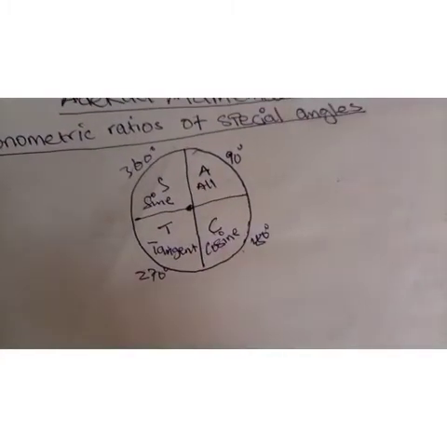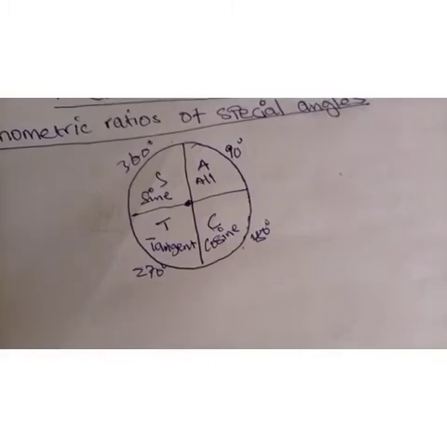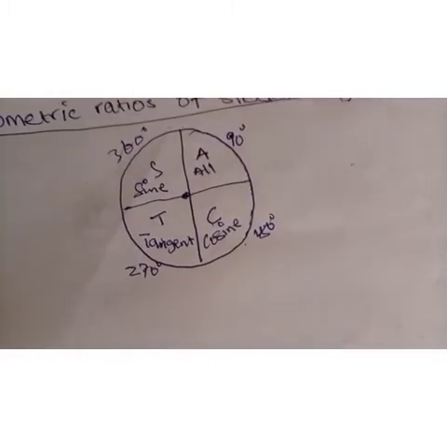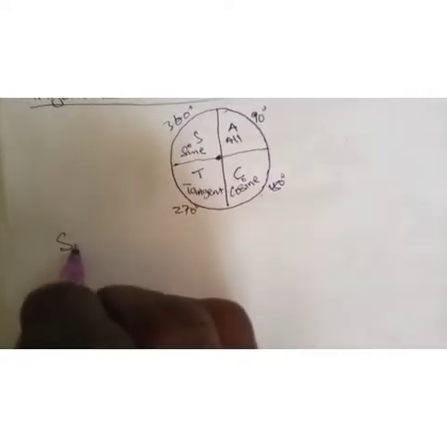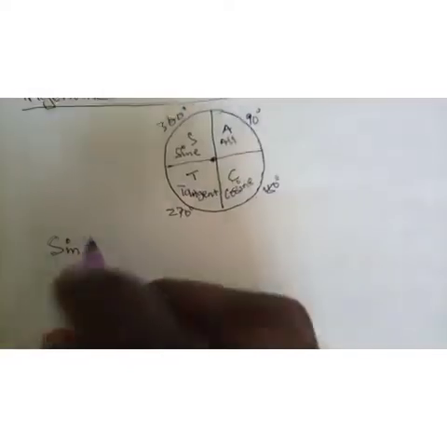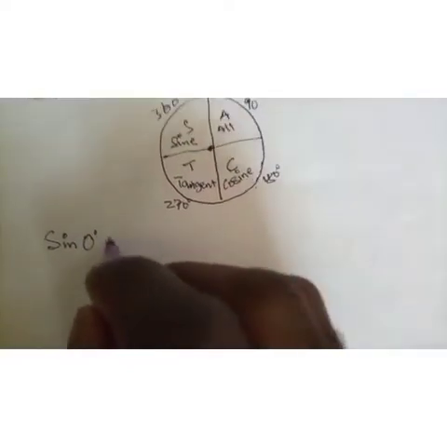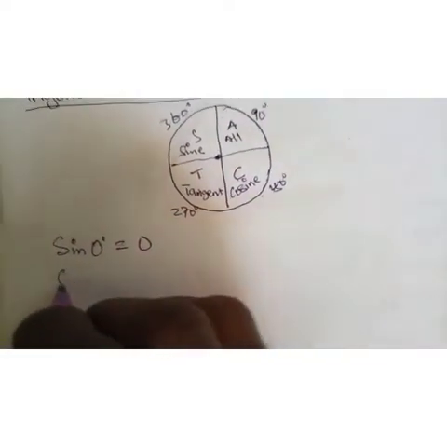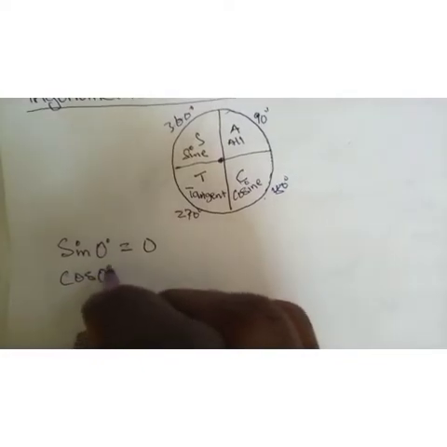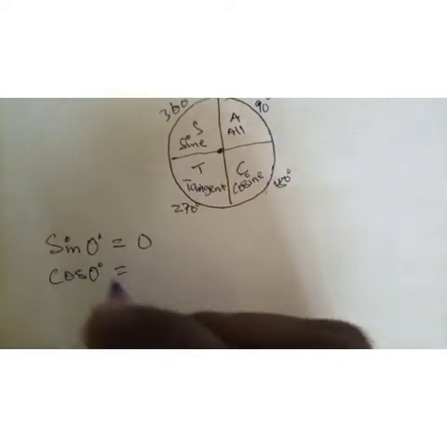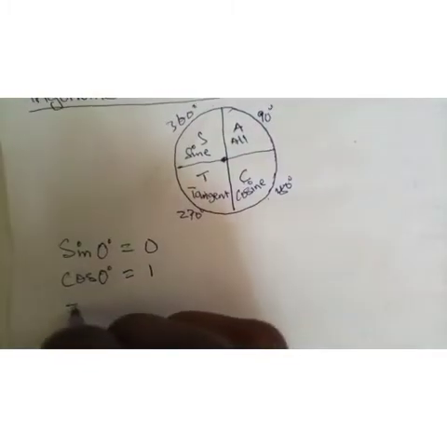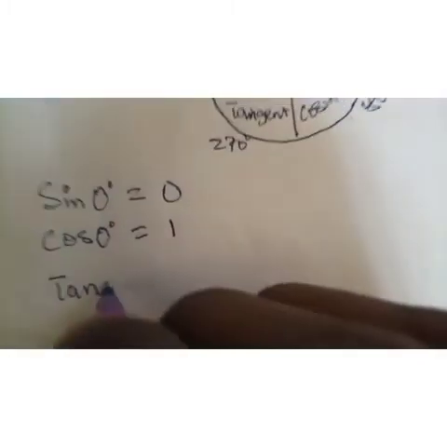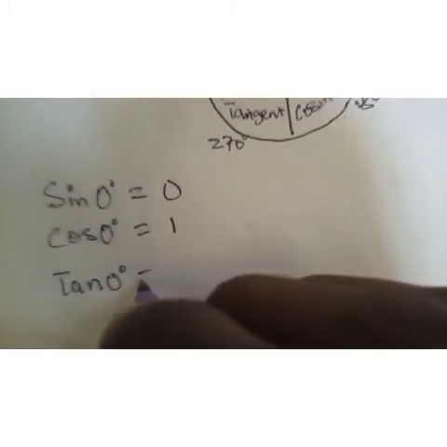As you move further to solve this, there is a special hint I'll give you. We start with angle 0 degree and angle 90 degree. So here we say sine 0 degree is equal to 0, cos 0 degree is equal to 1, tan 0 degree is equal to 0.